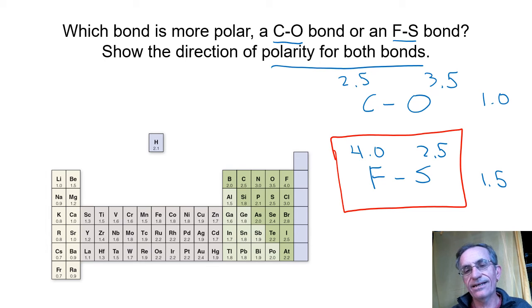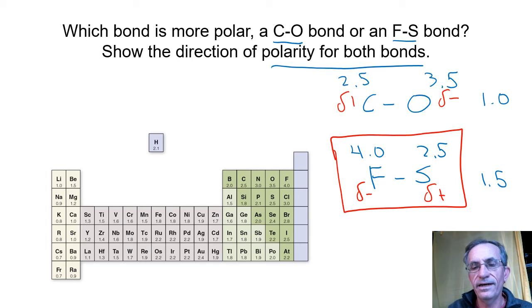Now to answer the second question, showing the direction of the polarity, how did that work again? The electrons love the fellow with the higher electronegativity. So down here, the fluorine would become a little bit negative, the sulfur a little bit positive. In the first one, oxygen would be a little negative, carbon would be a little positive.